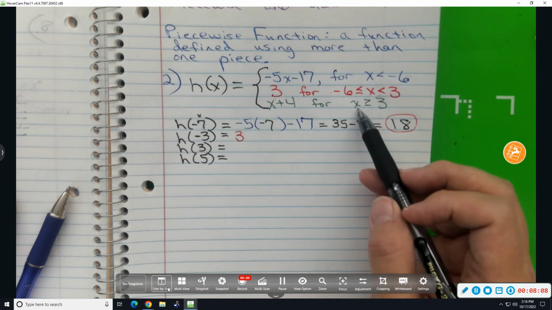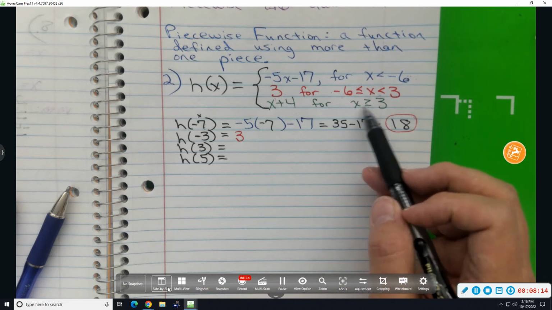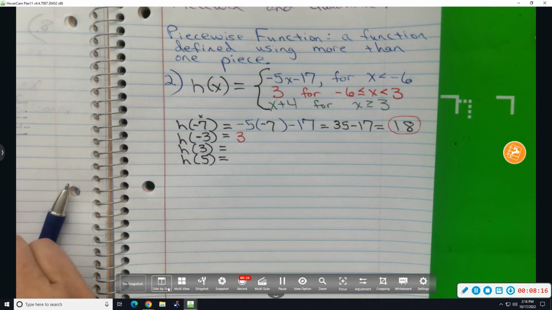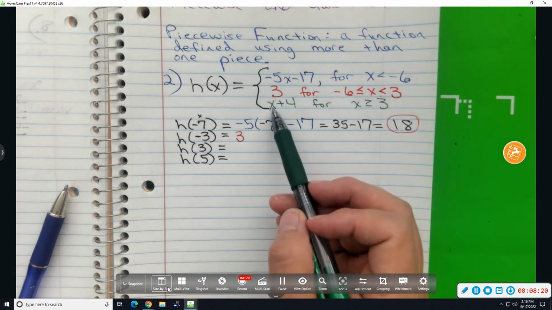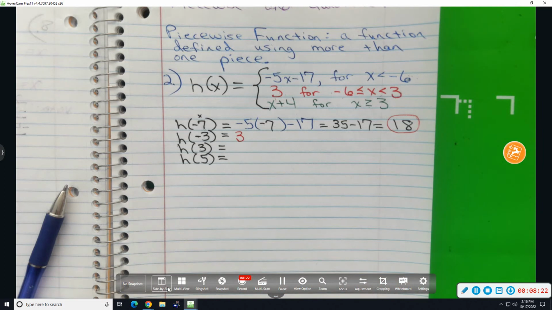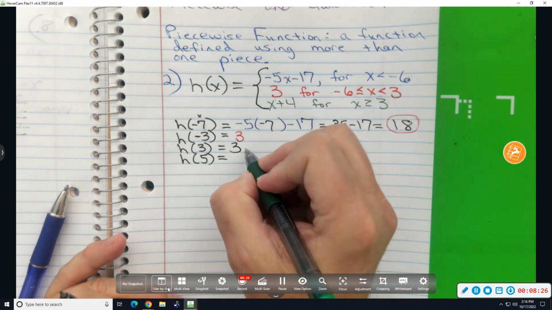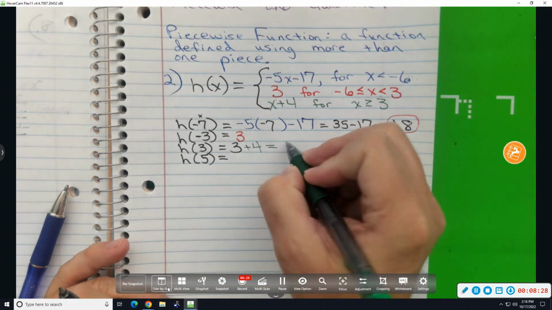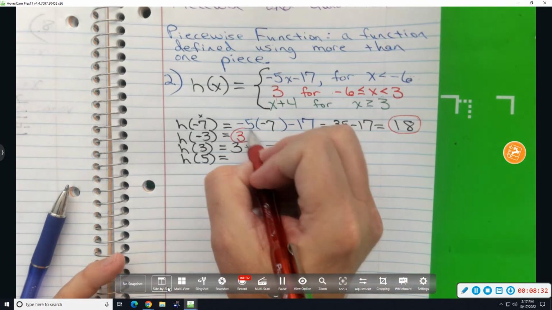No, so it better be this one. 3 greater than or equal to 3. There's the one that allows x to equal 3. So we're using the green part. We go to the green part, we replace the x with 3. So we have 3 plus 4, which is equal to 7. And I should have been circling my final answers.